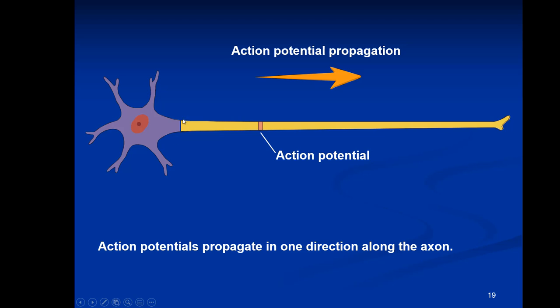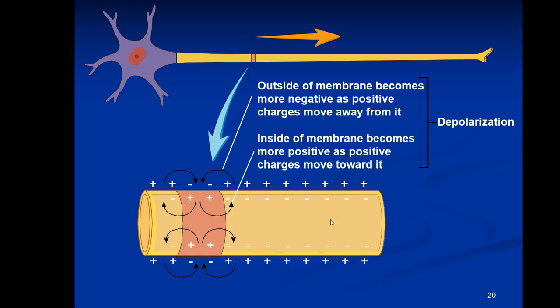So that's going to happen at each little section of the axon as it makes its way down the axon to the end. I have a lot of pictures here, so I'm just going to show you what I'm getting at. This is like a snapshot. If this is part of the axon, at this point in time this little section of the axon is depolarized.